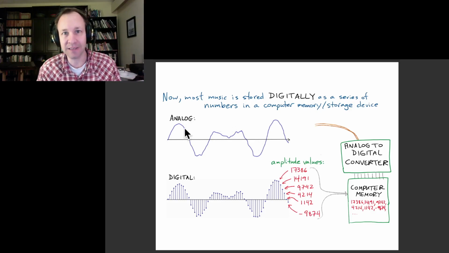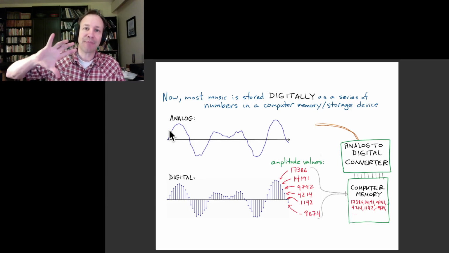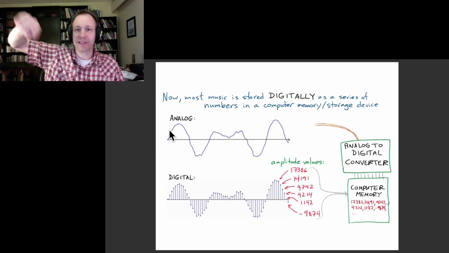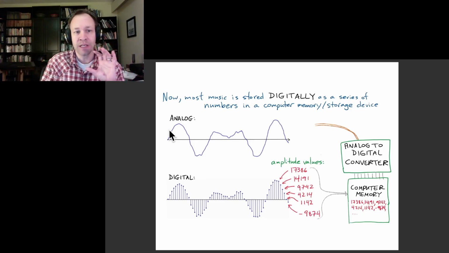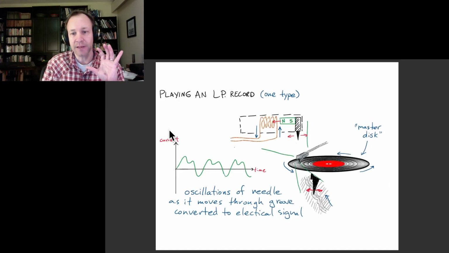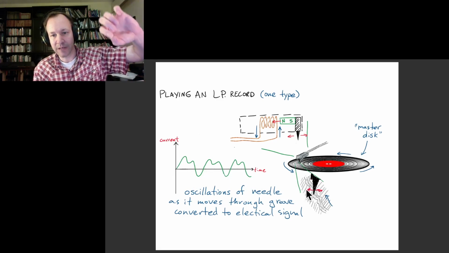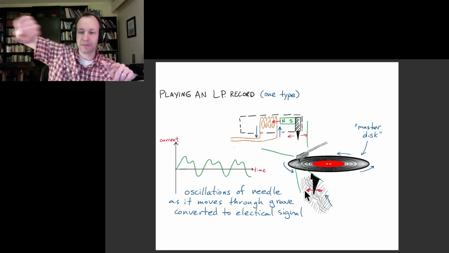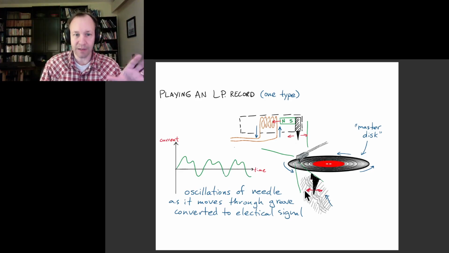Okay, so an analog recording is a recording that captures essentially all of the information about the time graph. And so you saw with the LP record, the time graph for the sound wave was reproduced with all its smooth features as the shape of the groove on the record.